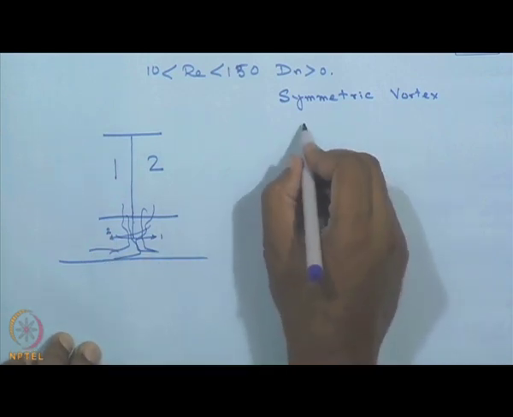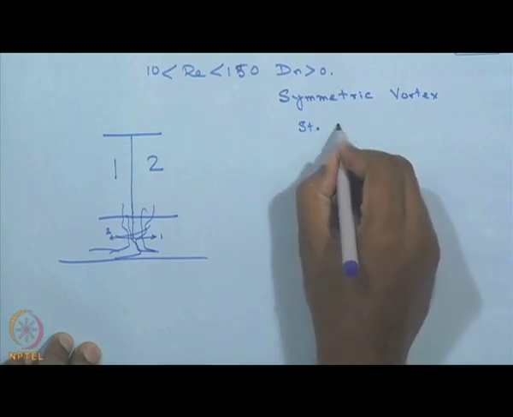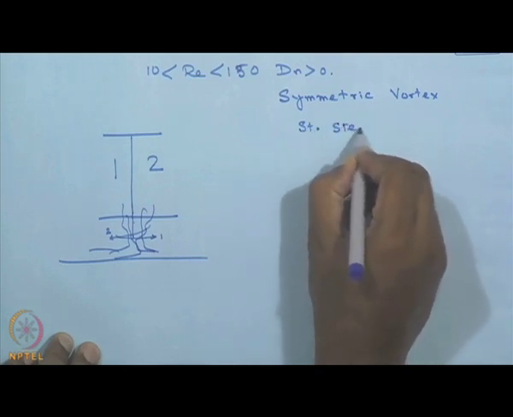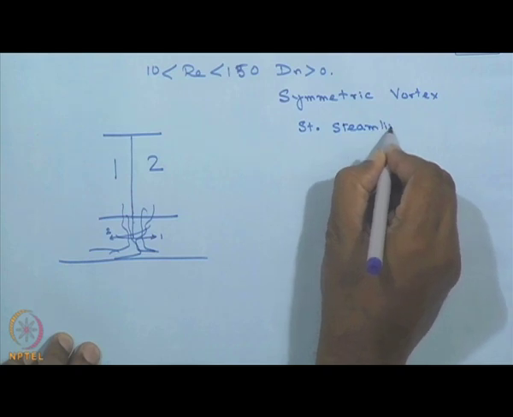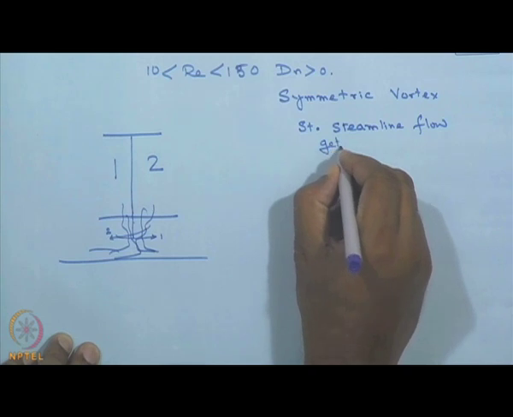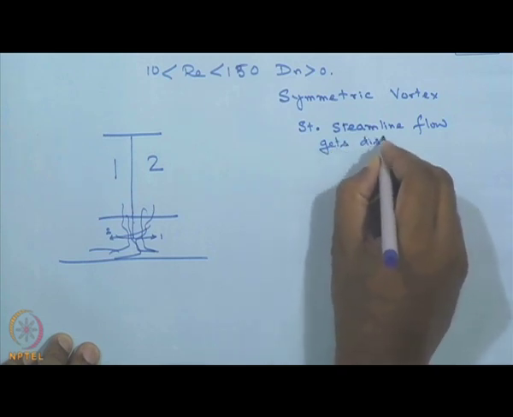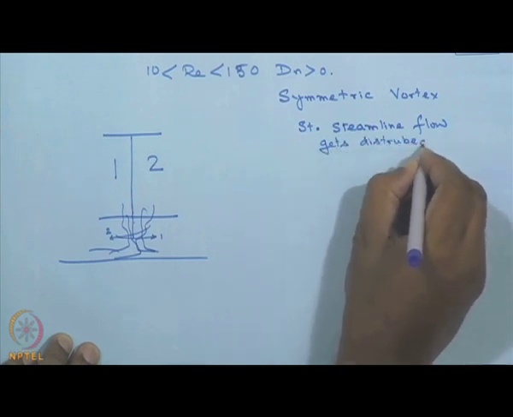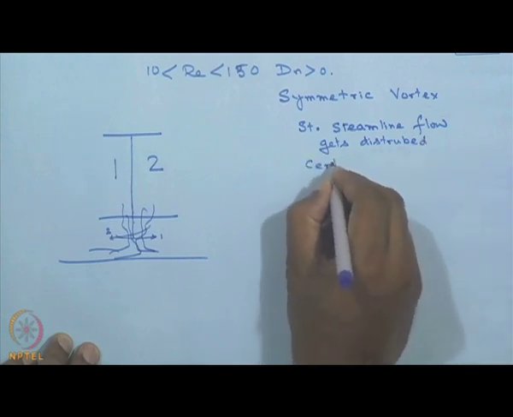So the straight streamline flow, which was present before, gets disturbed, and this disturbance is due to the centrifugal force.